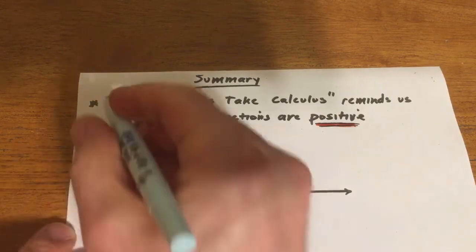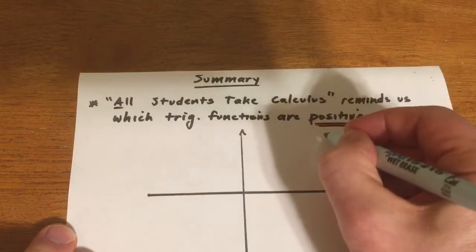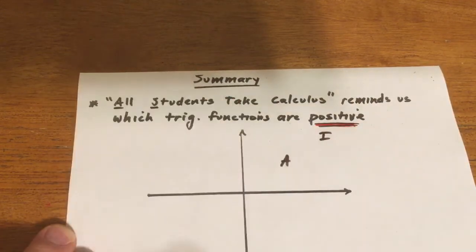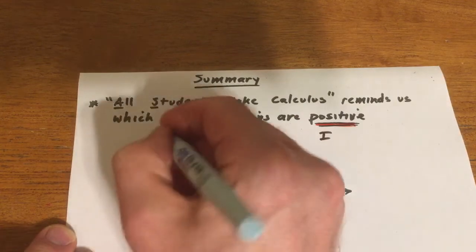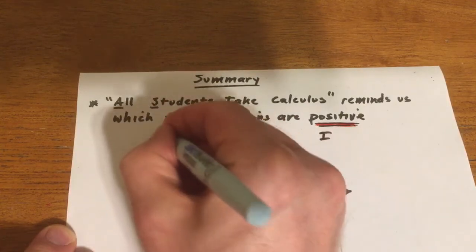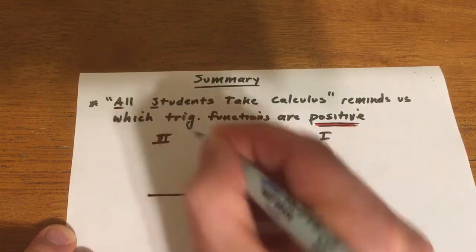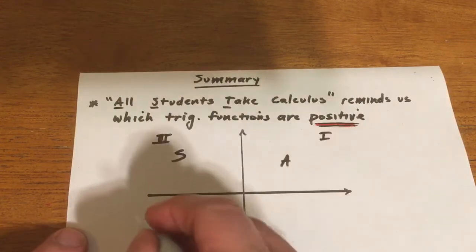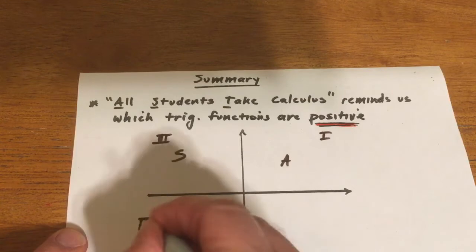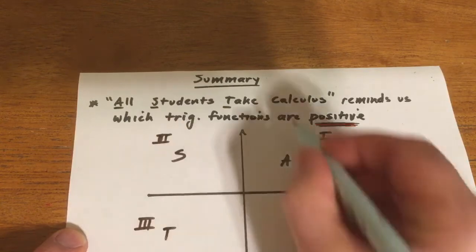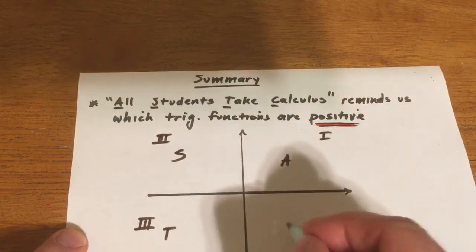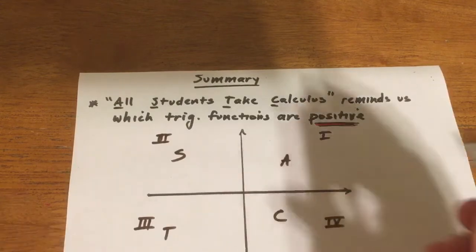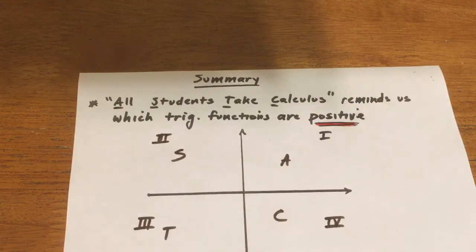If we go ahead and copy down the letter A in quadrant number 1, and we copy down the letter S in quadrant number 2, and we copy the letter T in quadrant number 3, and we copy the letter C in quadrant number 4, we're ready to see this in action.